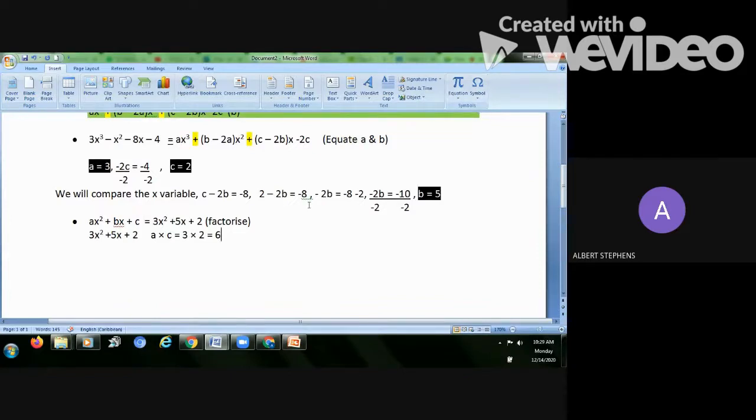You're going to ask yourself, you want two numbers that when multiplied we get 6, and when you add the two numbers you get 5.